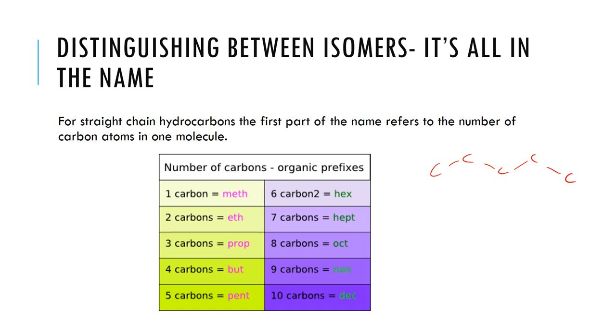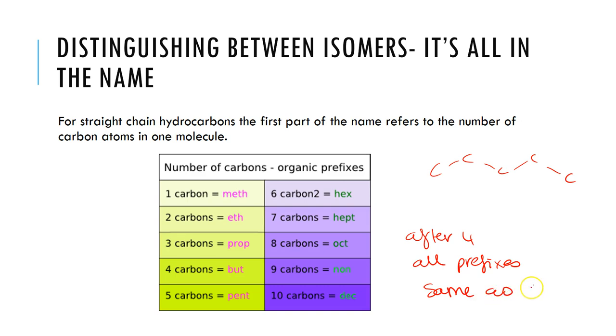So for 1 it's meth, for 2 eth, 3 prop, 4 bute, and then after 4 it is pent, hex, hept, oct, non, and dec. So after 4, all the prefixes are just the same as what you use for maths.